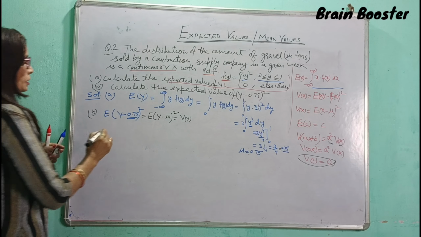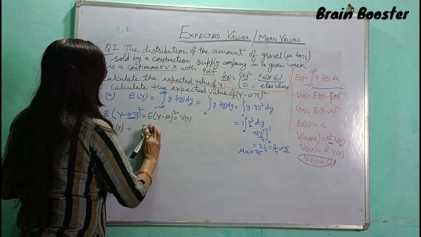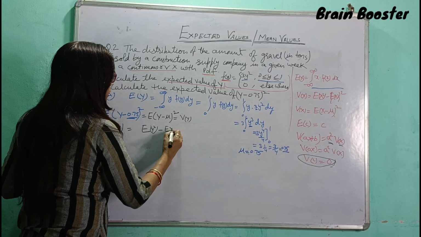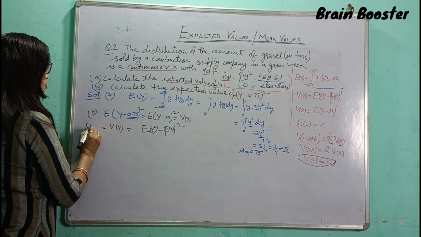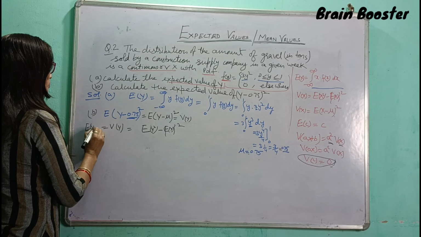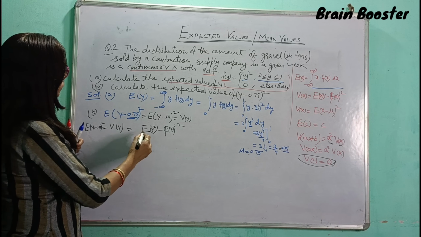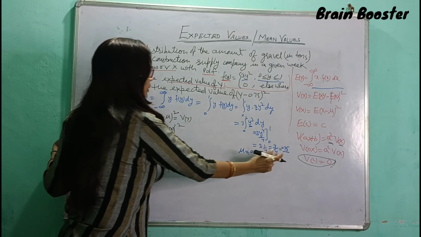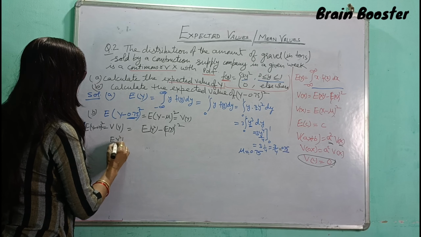So we have to find the variance, and the formula of variance is E(y square) minus (E(y)) whole square, which is equal to E(y minus 0.75) whole square. Okay. Now you have E(y). Now you have to find E(y square). Find out this one.